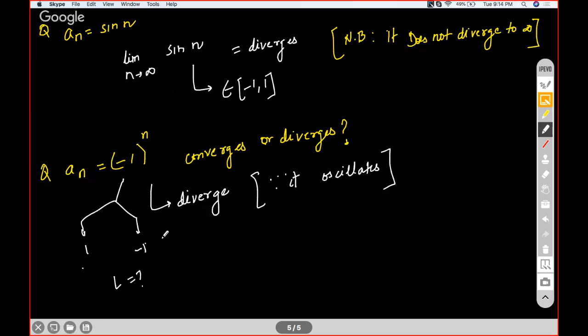So it oscillates between these two quantities. But isn't the limit as n tends to infinity of minus 1 to the power n 0? Why should it be 0? Didn't you just do that before? Where did I do that? Oh, that was because we divided by n. Okay.